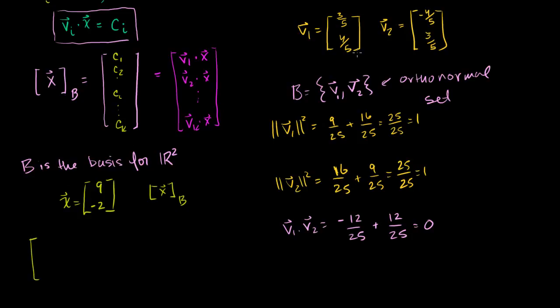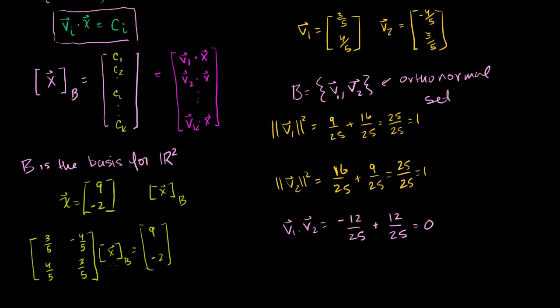So the change of basis matrix would be 3/5, 4/5, minus 4/5, and then 3/5. And we would say that times my B coordinate representation of x is going to be equal to my regular representation of x, or my standard coordinates of x.